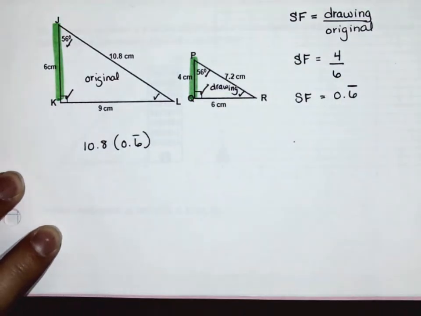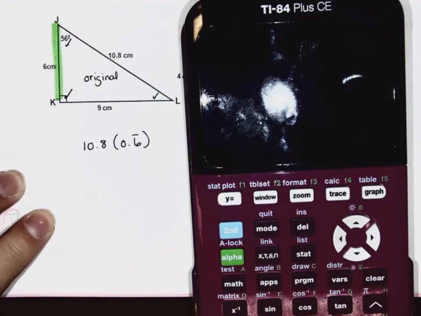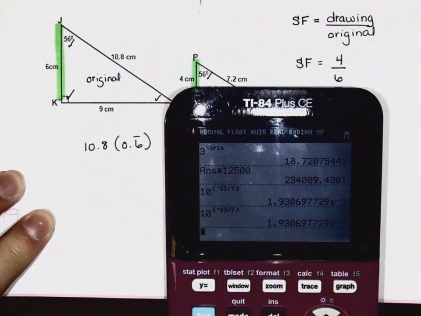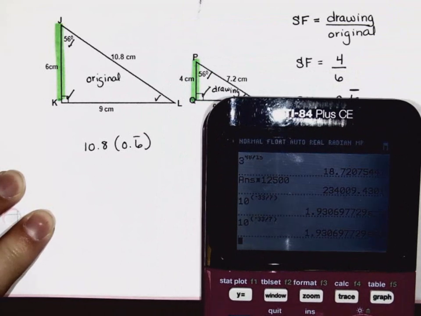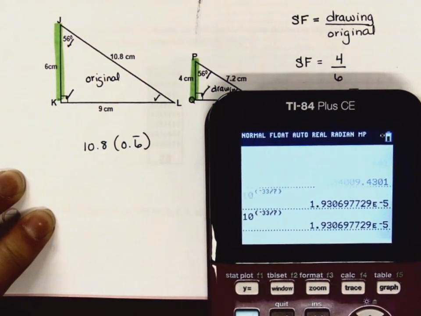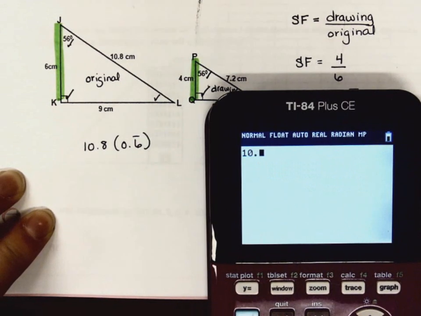Now, I don't know why that isn't bright enough. This is kind of hard to see. Let me turn that off. There we go. Okay, if you don't put in the lots of sixes, so 10.8 times 0.666666666, okay? If I don't put in a bunch of sixes, I'm going to get the wrong answer.